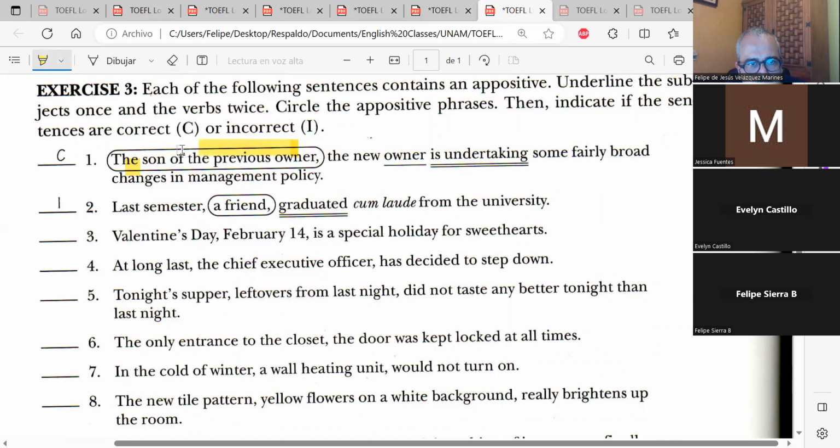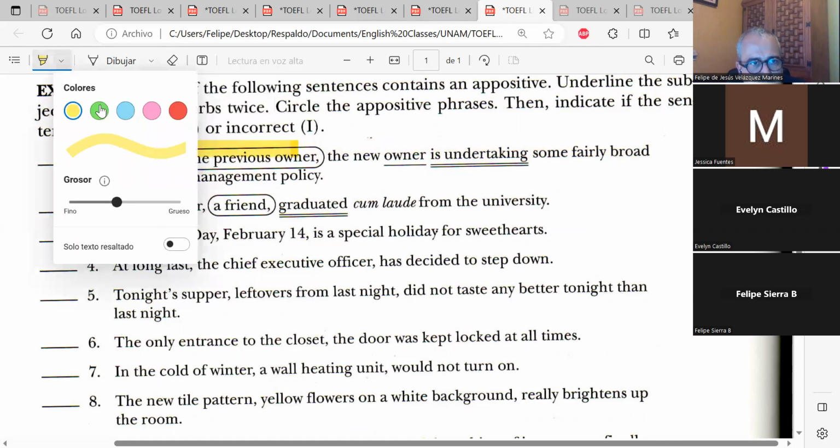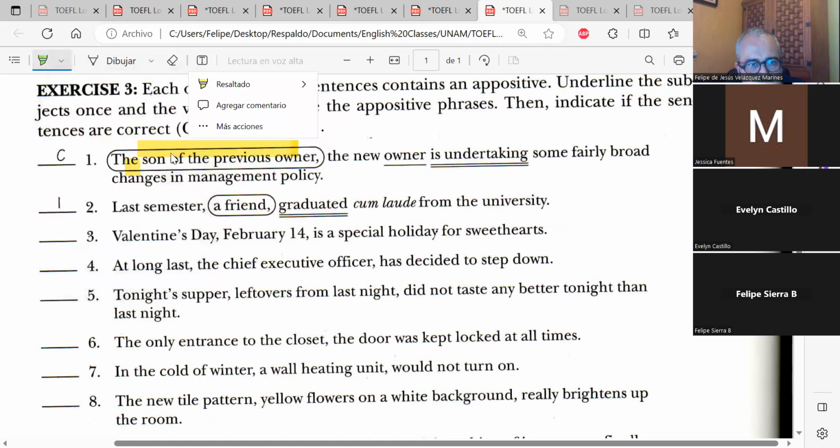But at the same time, of the previous owner is a prepositional phrase, and in management policy is another prepositional phrase. So we eliminate these. We have the new owner is undertaking some fairly broad changes. My verb is undertaking. The subject is the new owner. There is subject-verb agreement. My complement is some fairly broad changes. It's correct.